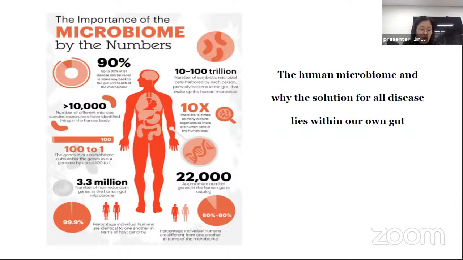Through the Human Microbiome Project, we find how many kinds of bacteria are all over the body. 10 to 100 trillion symbiotic microbial cells are harbored by each person, primarily bacteria in the gut, that make up the human microbiota. 80 to 90% of individual humans are different from one another in terms of the microbiome.